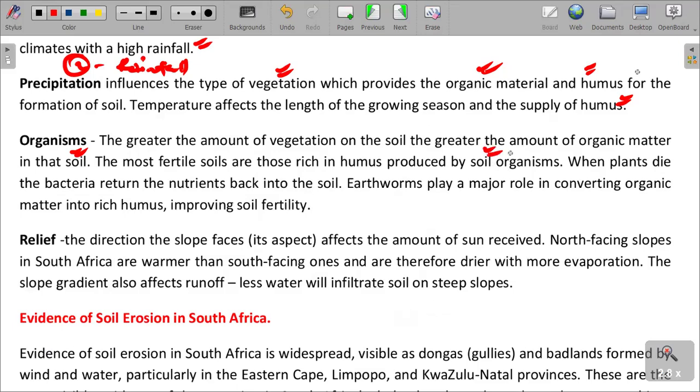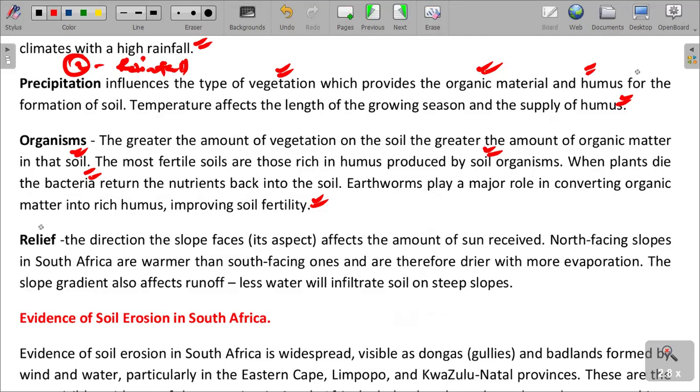Soil organisms promote decomposition: when plants die, bacteria return the nutrients back into the soil. I'm sure we remember the nutrient cycles, like the carbon cycle and the nitrogen cycle, from Grade 10 Life Sciences. Earthworms play a major role in converting organic matter into rich humus, which improves our soil fertility. So the presence of microorganisms affects our soil fertility.